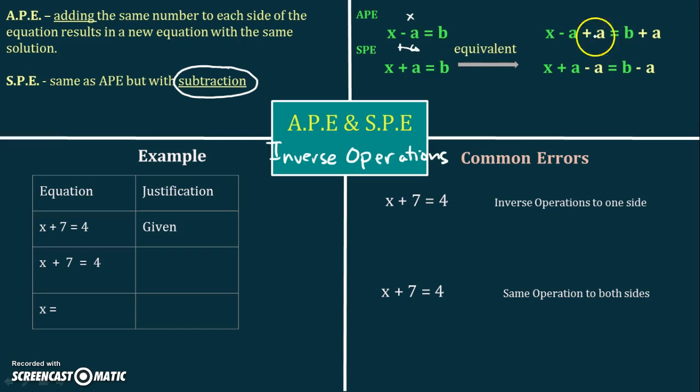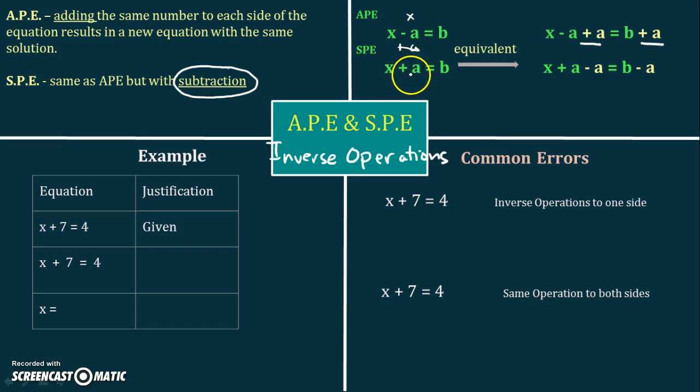And the reason why these are the same, or have the same solution, is what they did to both sides of the equation was they added the same exact letter. And if you add the same exact letter to both sides of the equation, you have not changed the solution, and that is a rule that you can use at all times. Down here we have the same exact thing, except they're subtracting the same letter from both sides.